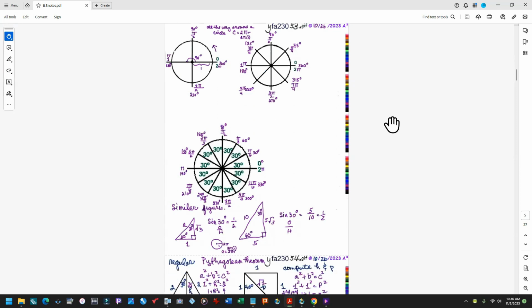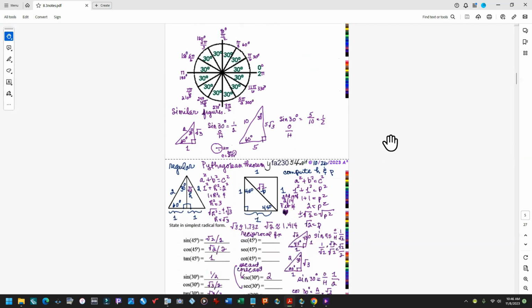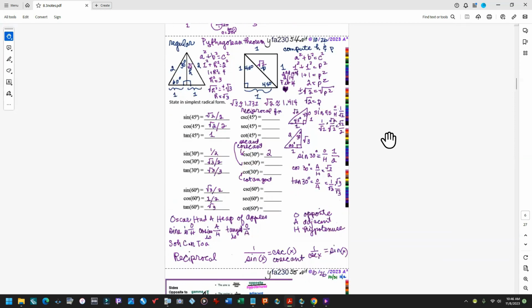We also looked at trig function angles in both degrees and radians. We looked at similar triangles and similar figures. We looked at the trig functions of the 30, the 60, the 90, the 45.